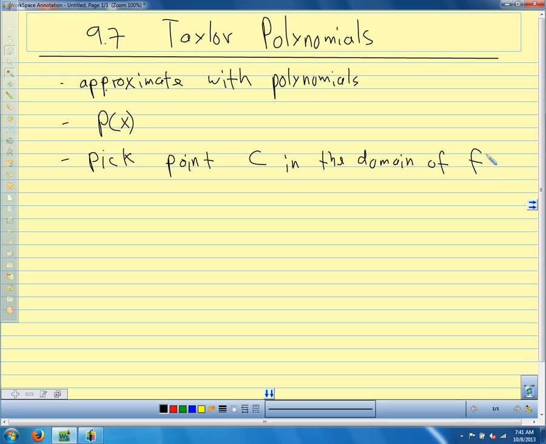F is the function we want to approximate with this polynomial. And some terminology: we're going to say our polynomial is expanded about C. The other way to say it is centered at C.